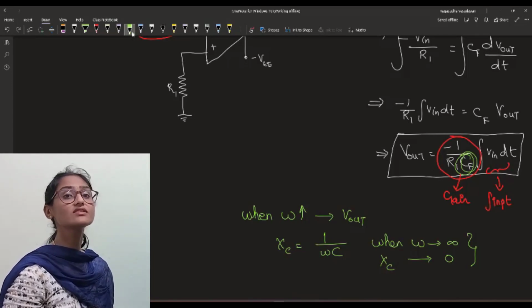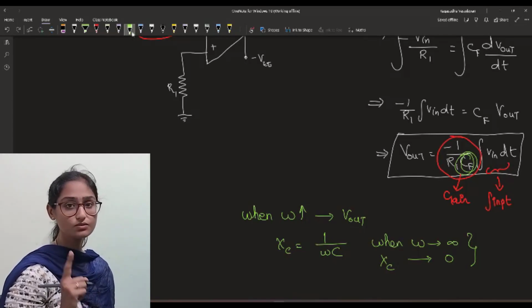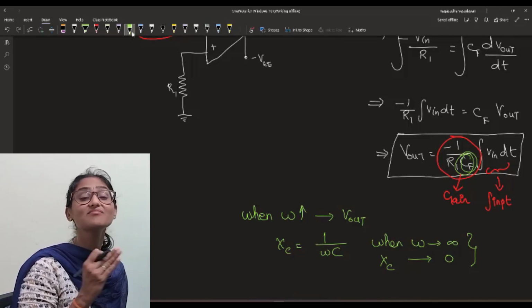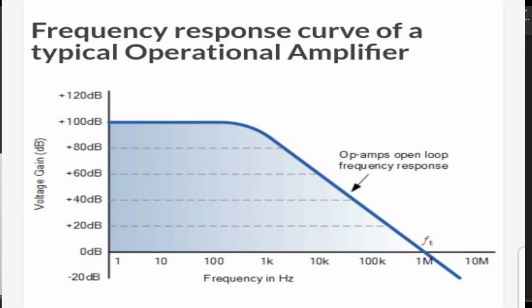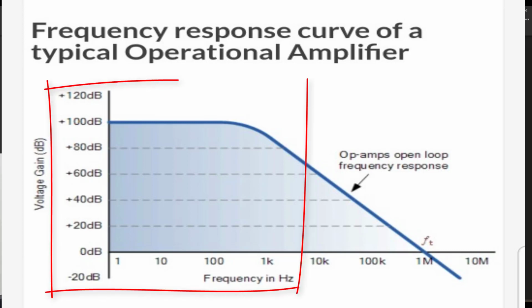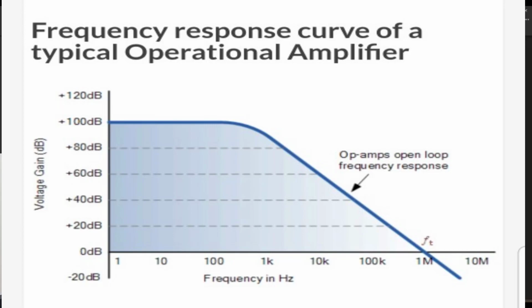So this frequency response tells you one thing. You can use this only after a certain minimum level of frequency, but not in the lower range of frequencies. In the lower range, the gain will be stable, that's not a problem. But what is the actual problem here?